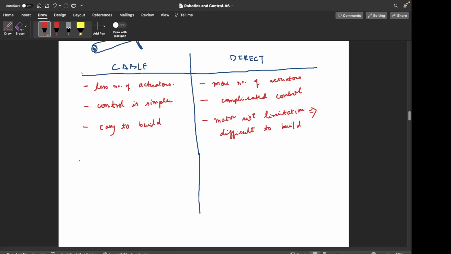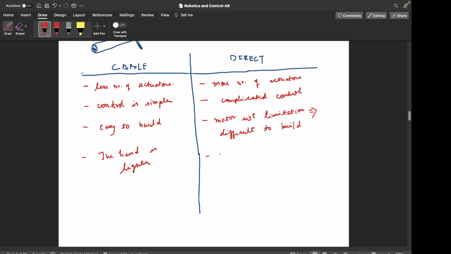And so again, in the cable driven one, the actuator could be placed at the end of the hand, and all the fingers would be controlled using cables, right? So the hand itself will be lighter. You would imagine it's the opposite in the case of direct driven, because we have motors at each joint.